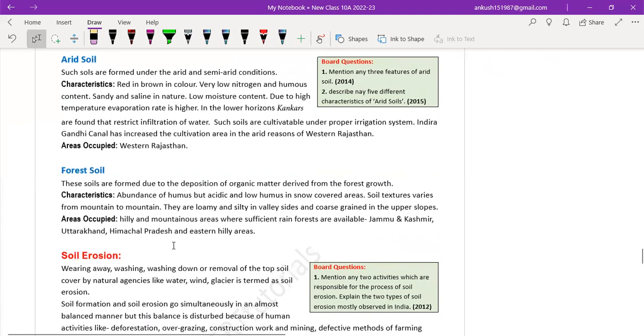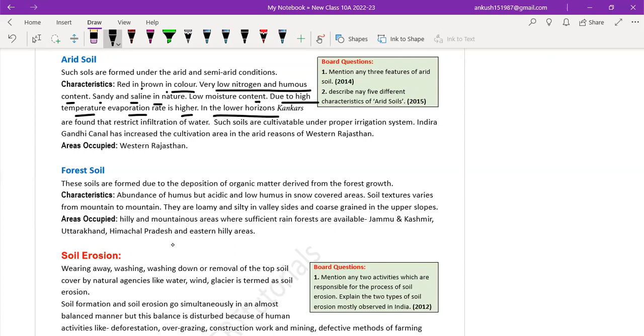Arid soil. Such soils are formed under arid and semi-arid conditions, especially in Rajasthan. This is red and brown in color, with very low nitrogen and humus content, sandy and saline in nature, and low moisture content due to high temperature. The evaporation rate is higher.